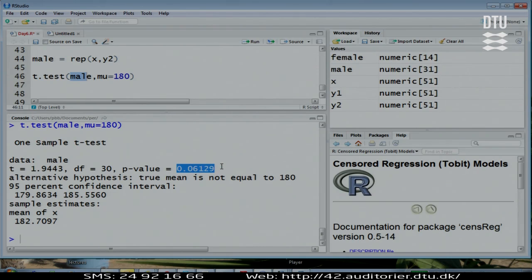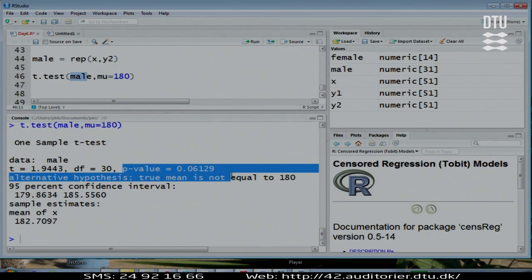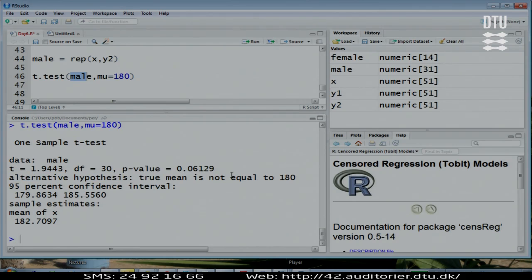Am I right? At least based on these 31 measurements. The test doesn't make a decision, it just gives me the p-value. So it gives me a p-value of 6%.